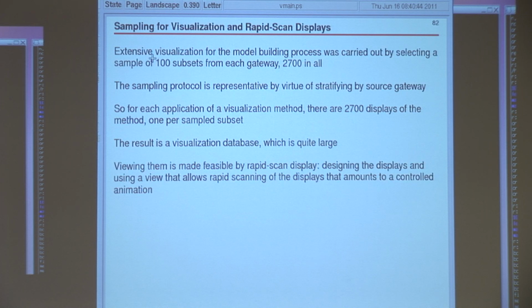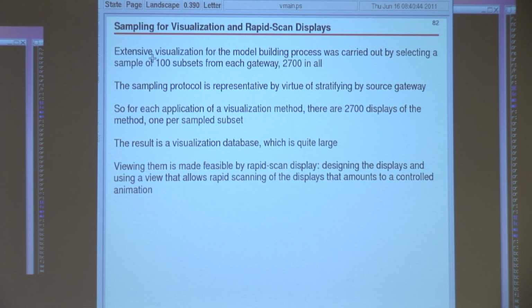OK, so what we did for the visualization was we selected from each gateway a sample of 100 near exact replicate intervals. So that's 27 times 100, which is 2,700. So any display that we made to visualize the data, we did it 2,700 times, so that we could access each individual site and take a look at it, to assess how we're doing in the modeling.